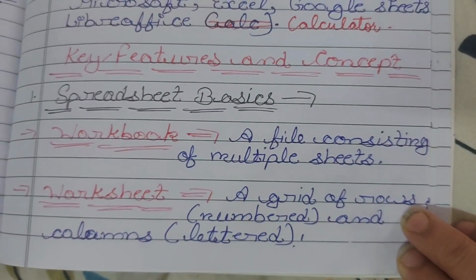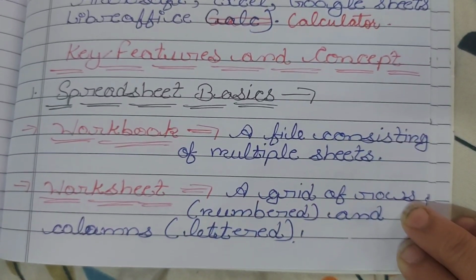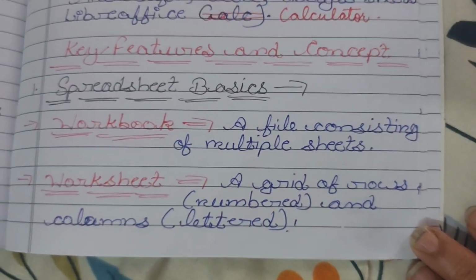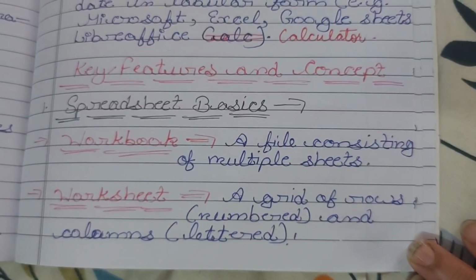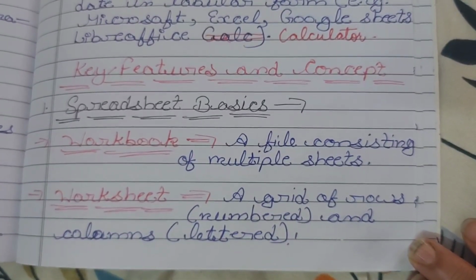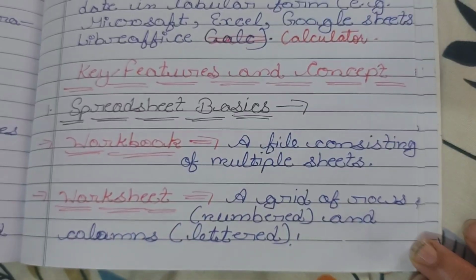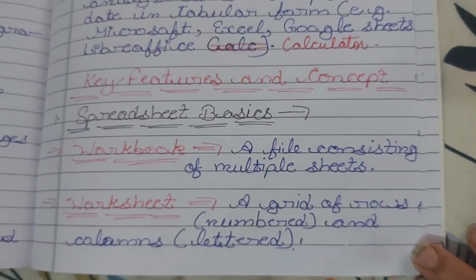Key features and concepts. First, spreadsheet basics. Workbook, a file consisting of multiple sheets. Worksheet, a grid of rows numbered and columns lettered.